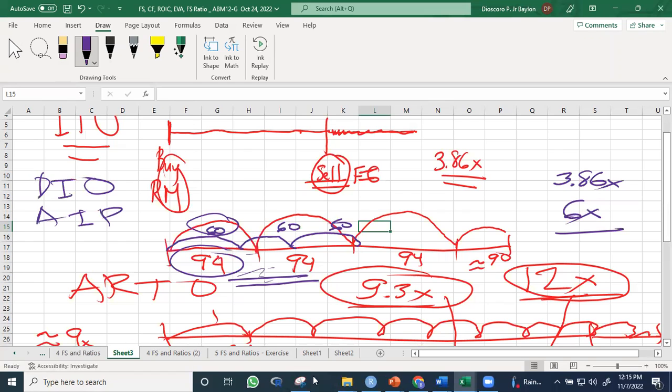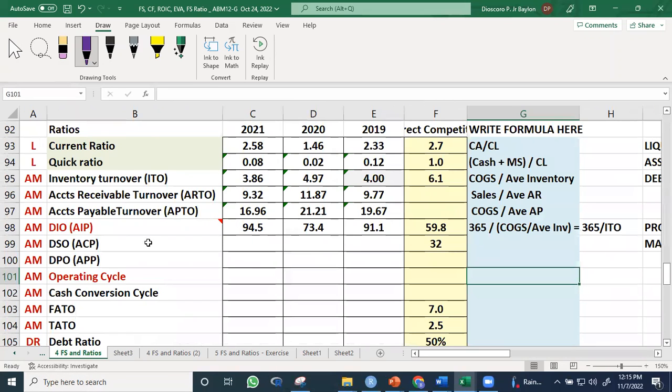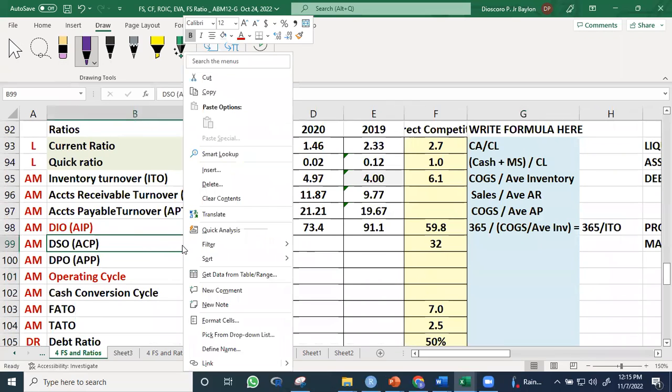Okay? The same goes for Arto. So this is, we won't comment on this. New note.